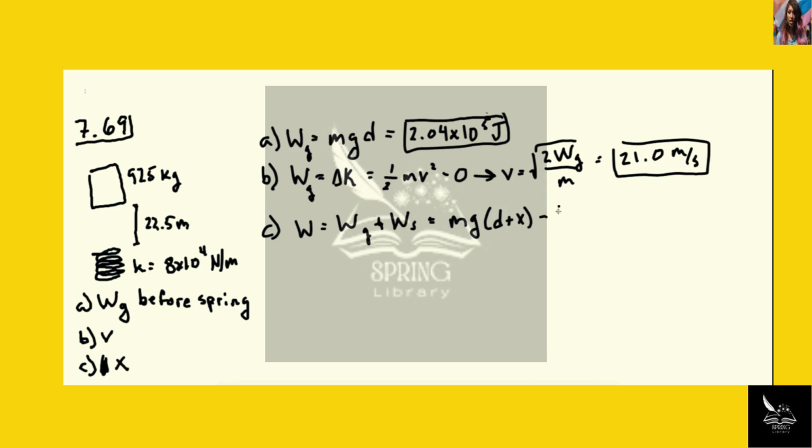And then, as we just said, the spring does a work of negative 1/2 kx squared. This has to be 0. So we have a quadratic equation here. 1/2 kx squared minus mgx minus mgd equals 0.